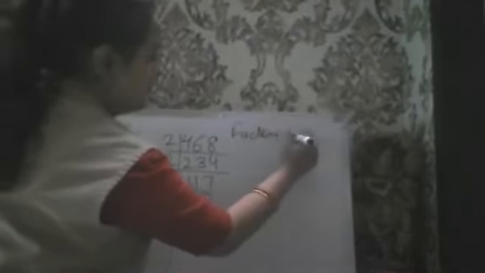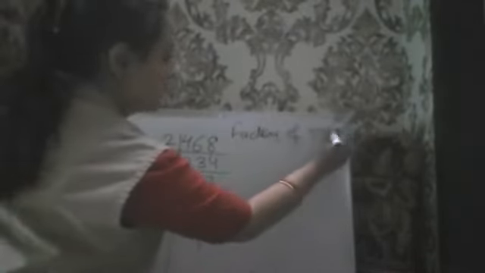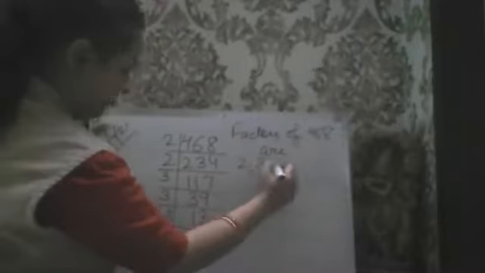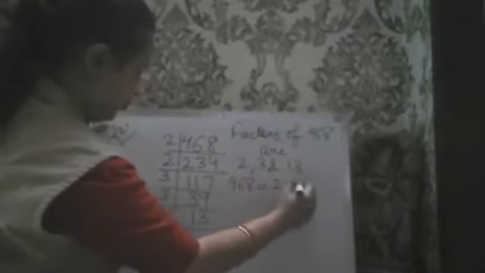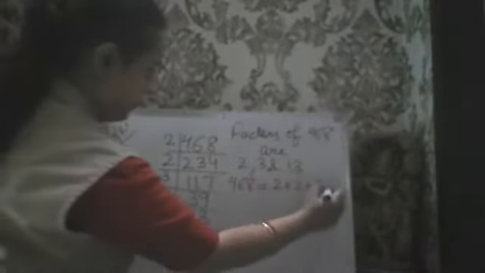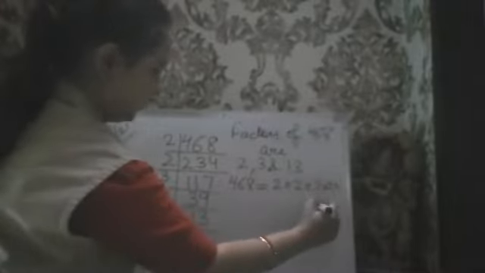I will write the prime factors of 468 are 2, 3, and 13. And 468 is equal to 2 into 2 into 3 into 3 into 13.